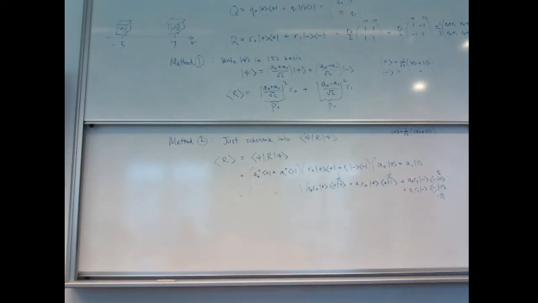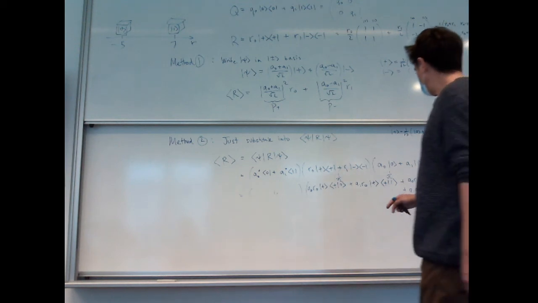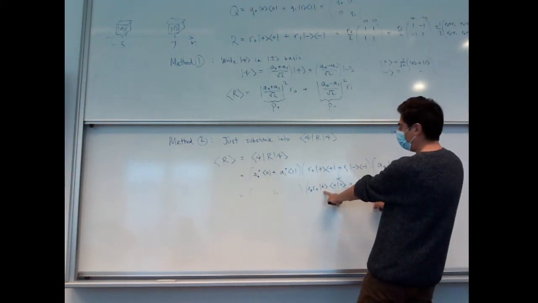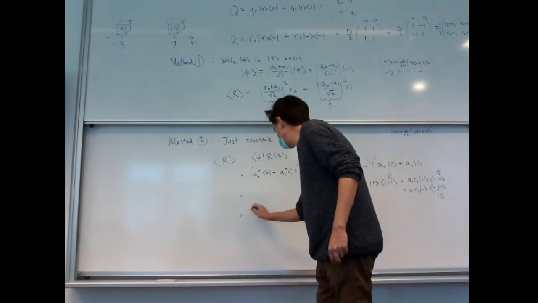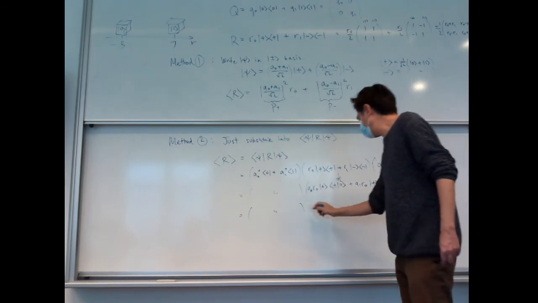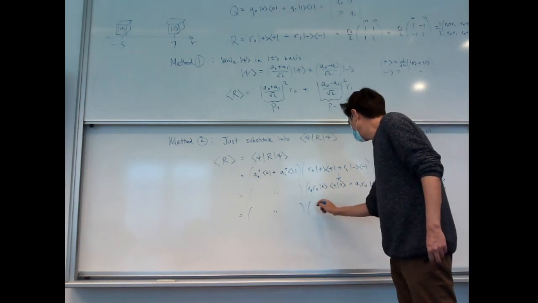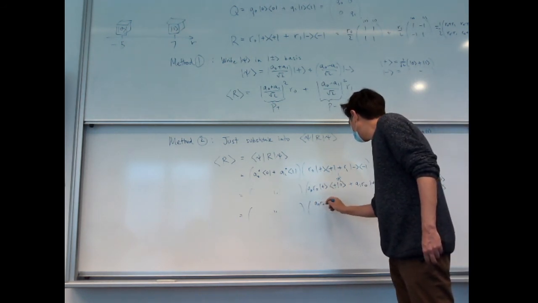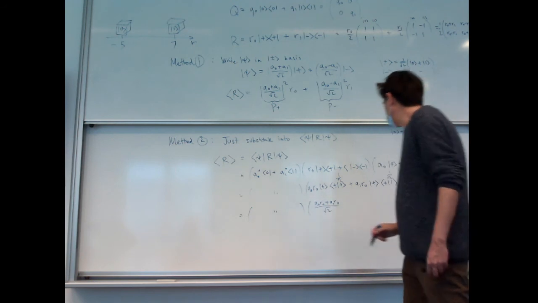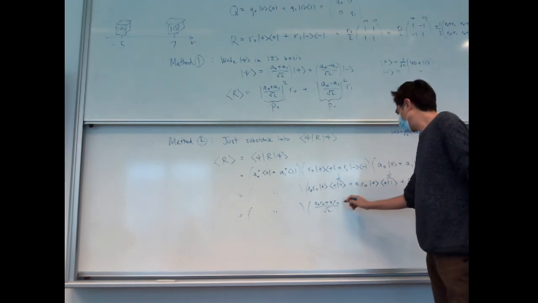And we can factorize these two vectors here because they're both plus. So we get A0 R0 plus A1 R0, over root 2, and plus.